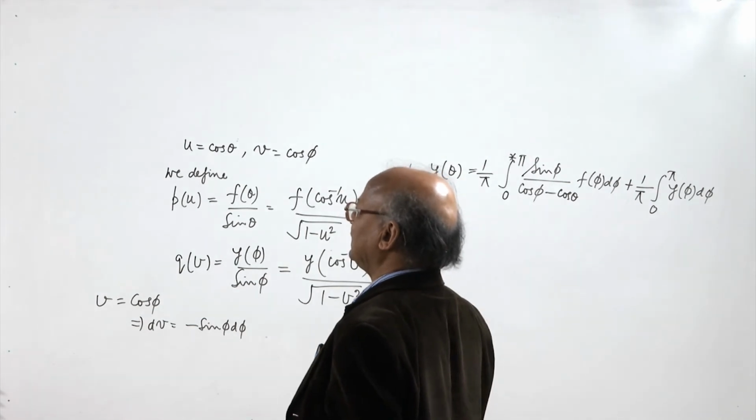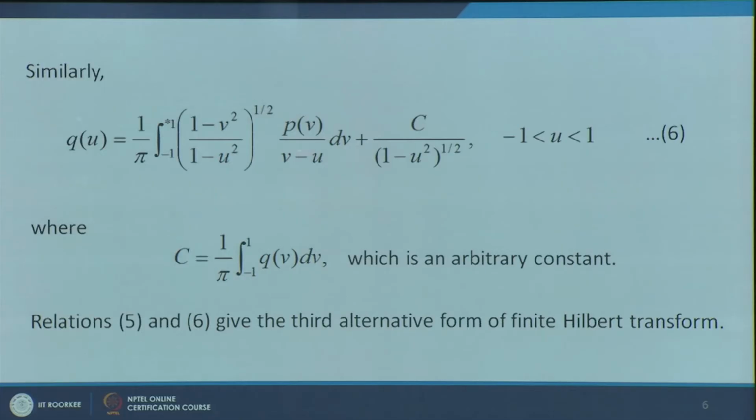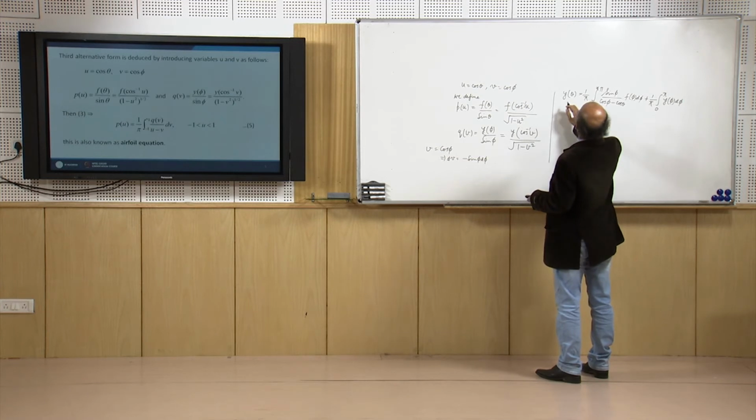What we will get is Qu equal to this. Let us see how we get Qu equal to 1 over pi, integral from minus 1 to 1, like this. We again divide by sin theta.